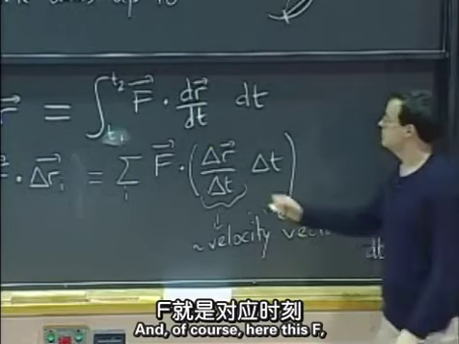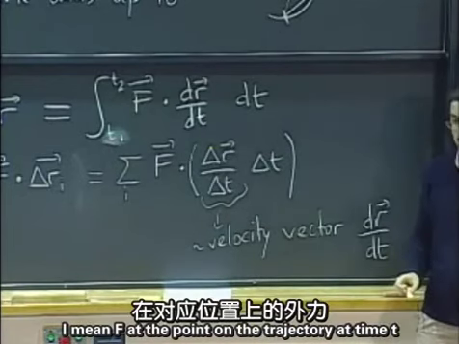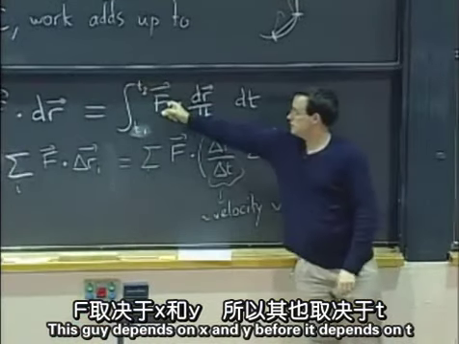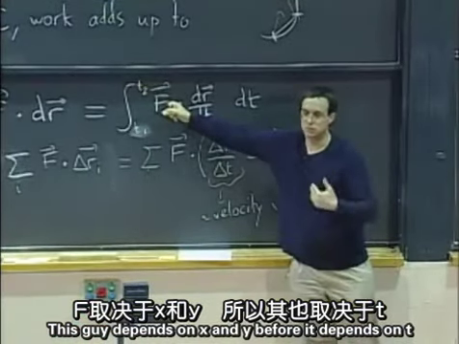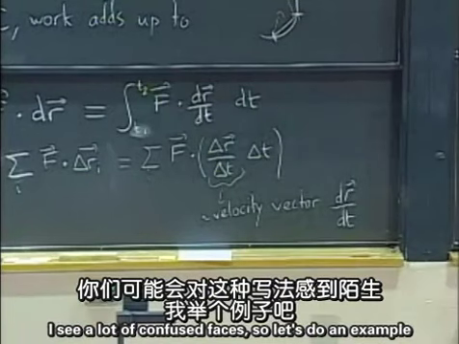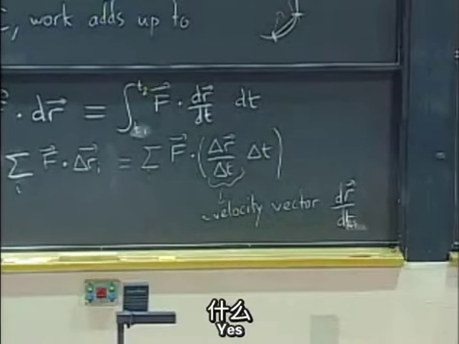And of course, when I say f, I mean f at the point on the trajectory at time t. This guy depends on x and y, therefore it depends on t. Okay, I see a lot of confused faces. So let's do an example, and then I will ask you.